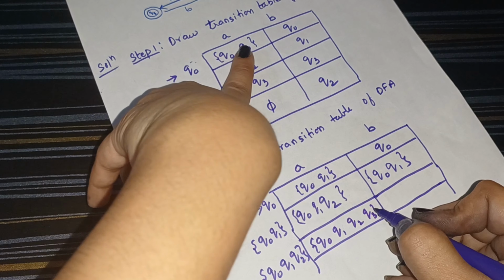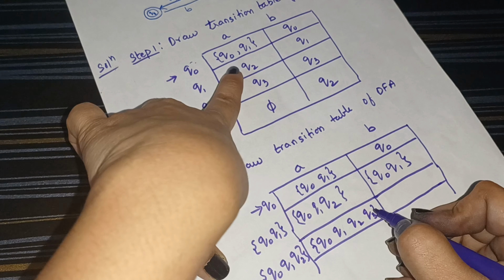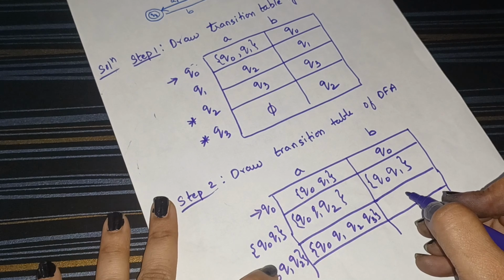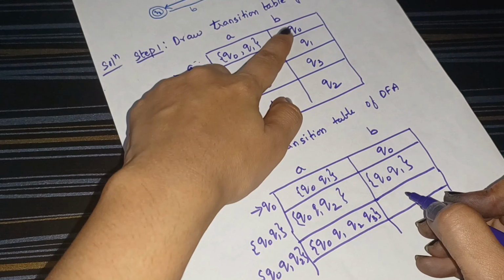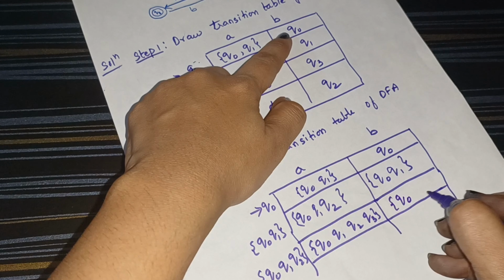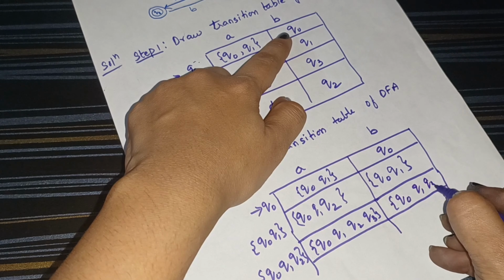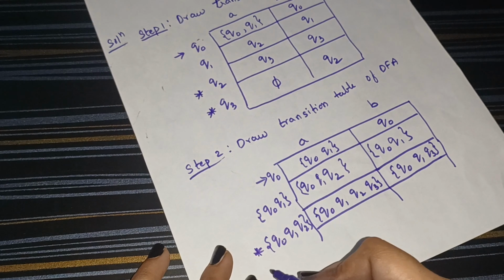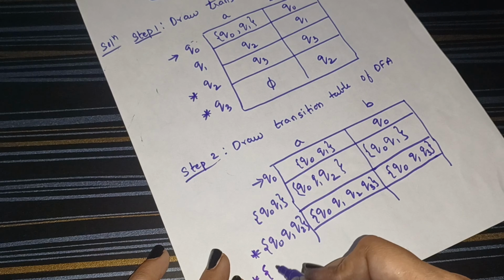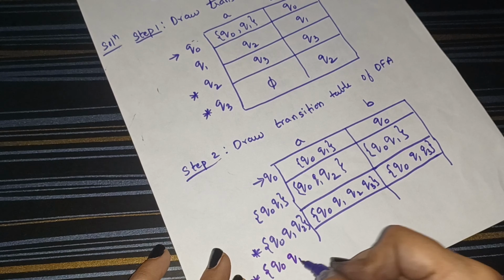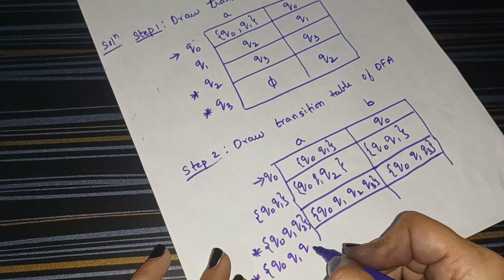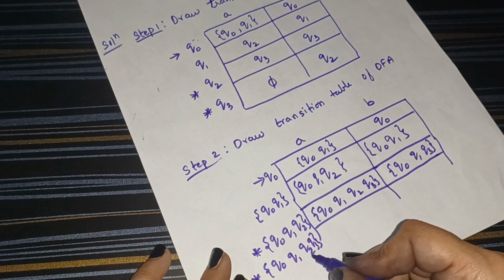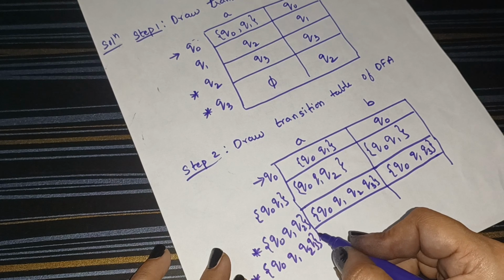Q0 on A gives Q0, Q1; Q1 on A gives Q2; Q2 on A gives Q3. Next Q0, Q1, Q2 on B, we will get Q0, Q1, Q3. We take Q0, Q1, Q2, Q3 as a new state. This is also a final state, because Q2 and Q3 are present.